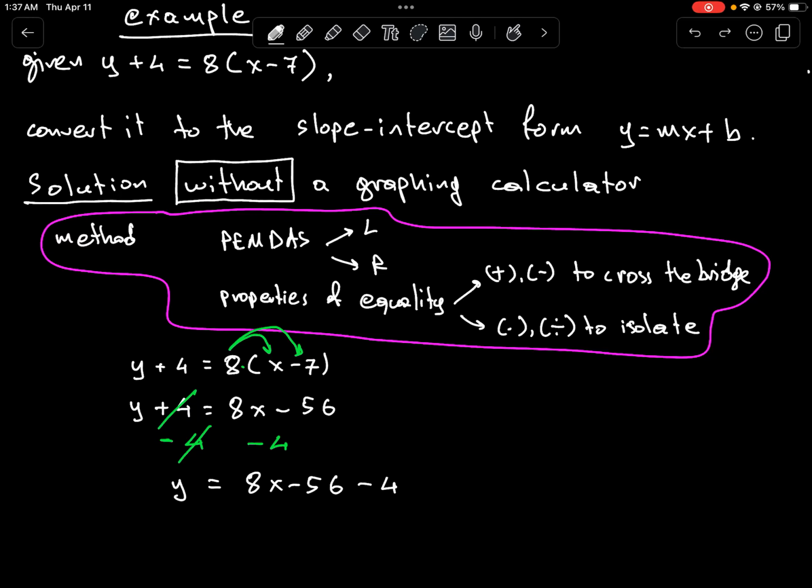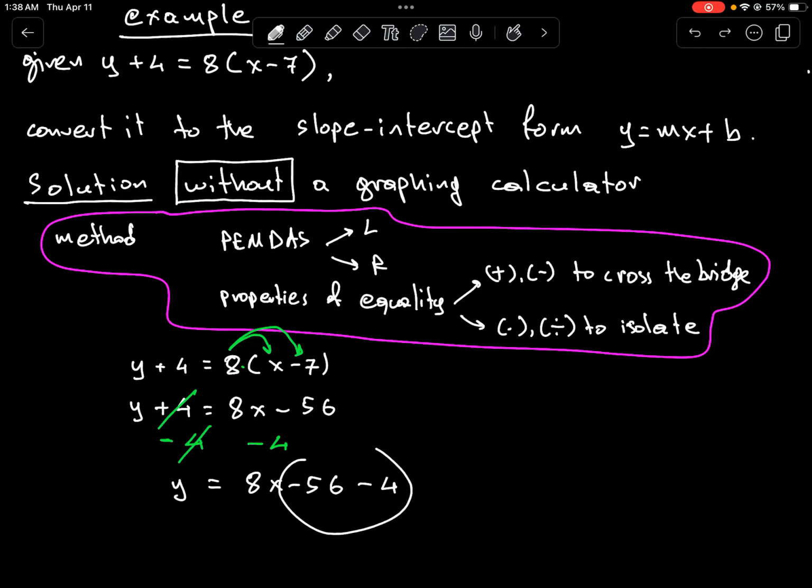But if I try to do PEMDAS on this line, I will see that I have addition, subtraction. I have something here. Don't have multiplication or anything. And the next thing that I will do is basically addition or subtraction. So that's negative 56, negative 4.